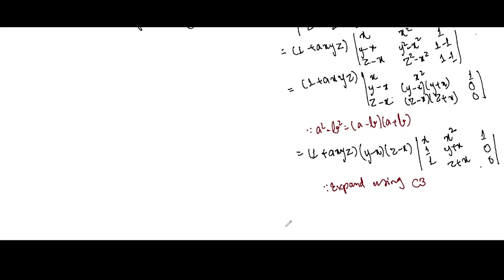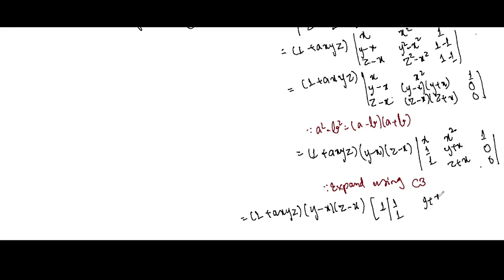Now we are going to expand it. We are going to write these as it is, 1 plus a, x, y, z into y minus x into z minus x. And now we are going to expand it. 1 into its minor matrix is going to be: remove this row and this column. So we are left with 1, 1, y plus x, and z plus x, written in the same order.